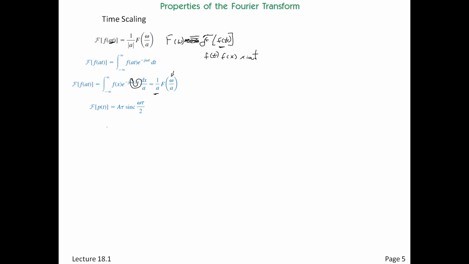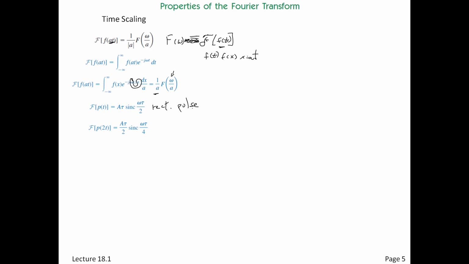All right? And we know from then, if we have a rectangular pulse here, that's what we've got. So this is the rectangular pulse. And here we are looking at our sinc function of a certain period. And what are we talking about with time scaling? We want to change the period.